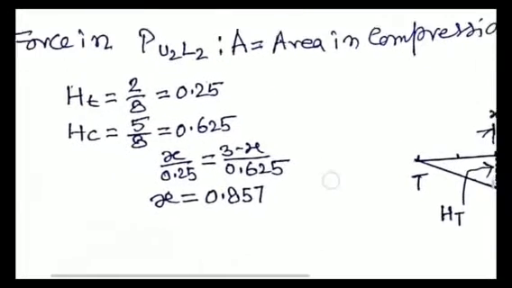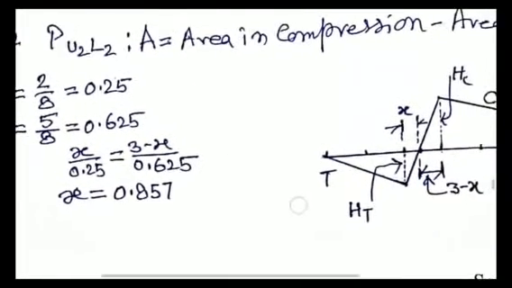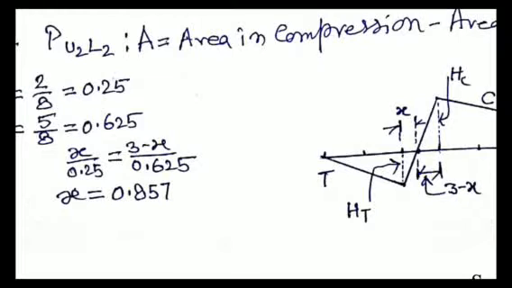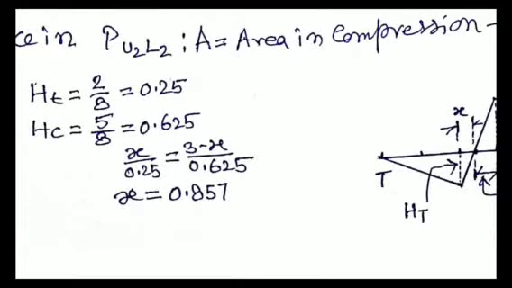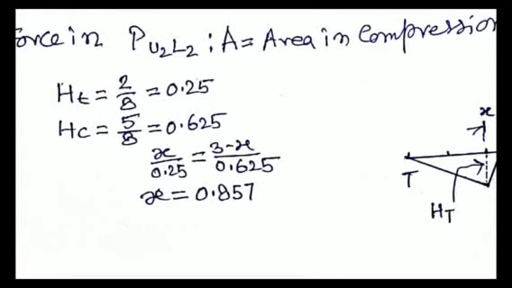Now you have to find out the distance x. So x will be 0.857 on solving this equation: x by 0.25 equal to 3 minus x divided by 0.625.